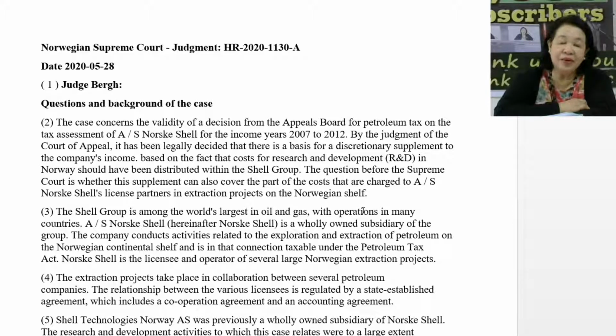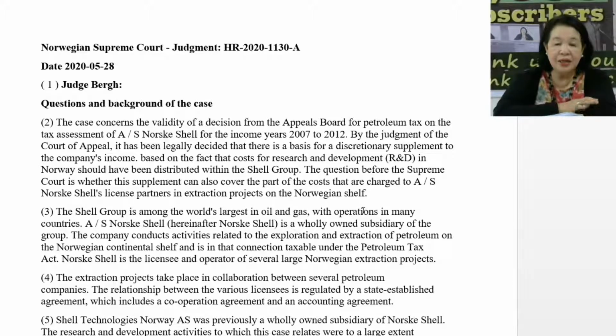As I told you earlier, what is this case about? This is about the disallowance by the tax authority in Norway of the research and development expense claimed by Norske Shell.